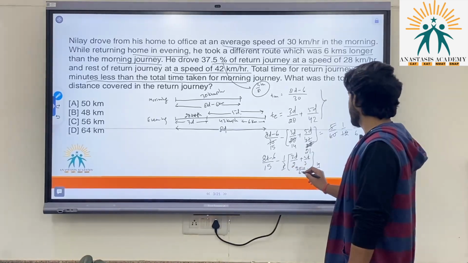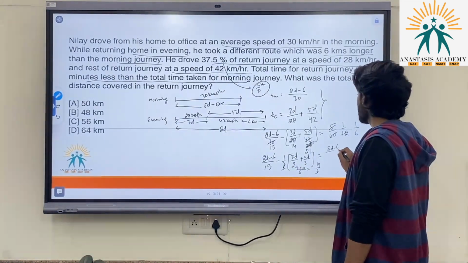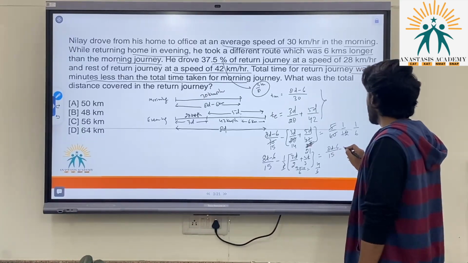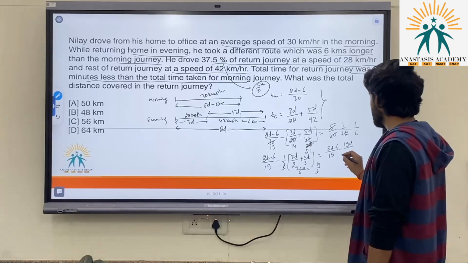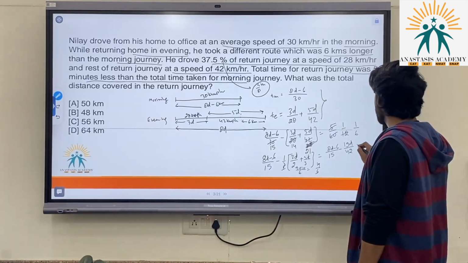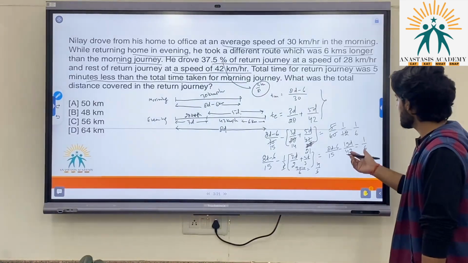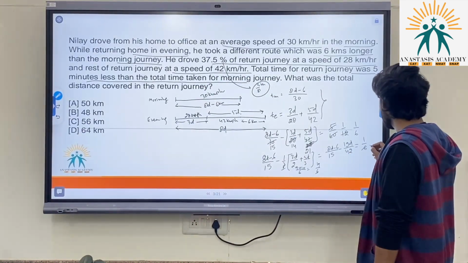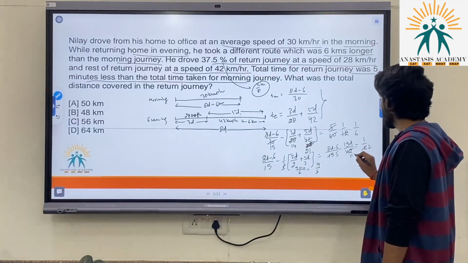7 times 6 is 42, so it becomes (8D minus 6) upon 15 minus 19D upon 42 is equal to 1 by 6. I can cancel out 3 as well: 3 goes 2 times, 5 times, and 14 times.